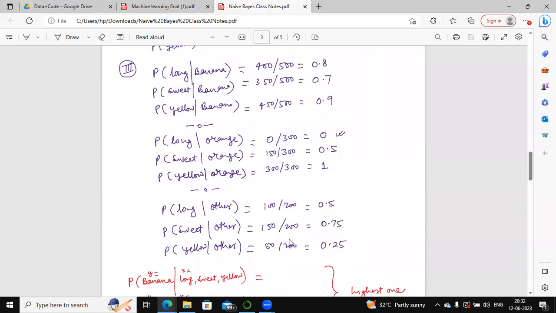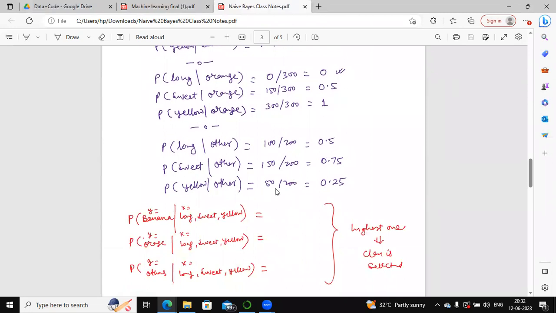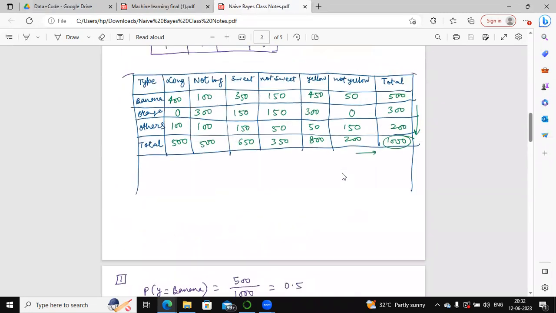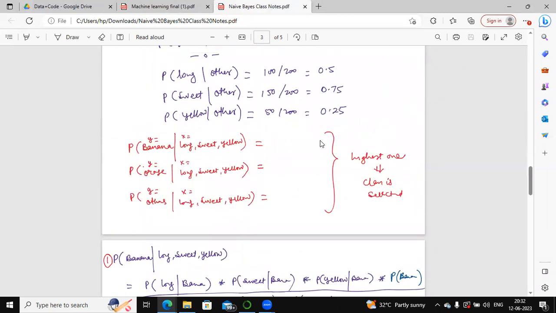Probability of sweet given other is 150 by 200. Probability of yellow given other is 50 by 200, which is 1 by 4.